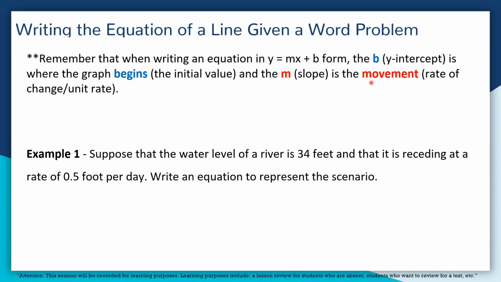It's how steep or how less steep, how fast, how slow your graph is moving by, increasing or decreasing. Another way that we can refer to this is rate of change or unit rate. Typically, we call our slope the rate of change when we have a real world scenario.